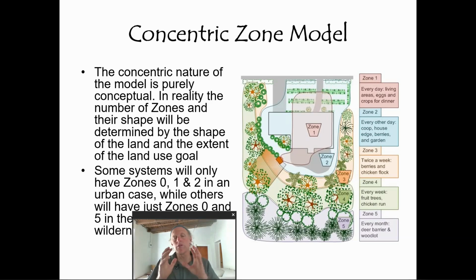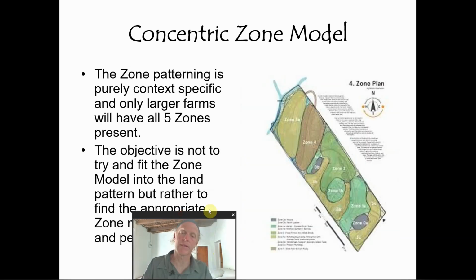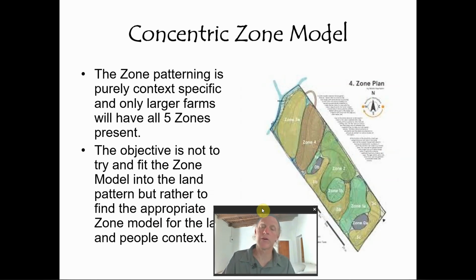And so the zones will also shape themselves into the property appropriately. So the zones are placed according to landscape characteristics. And so what you'll have is, like, larger farms will have 5 zones. Okay. And the smaller your property gets, the less likely you're going to have all the zones in there.